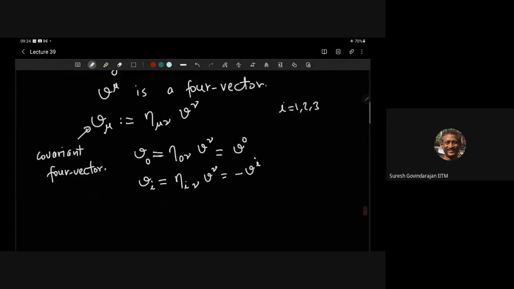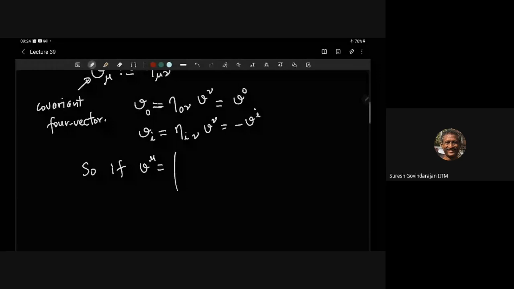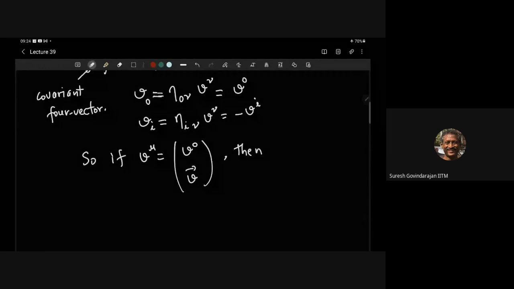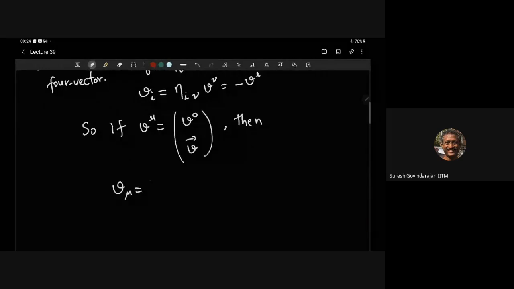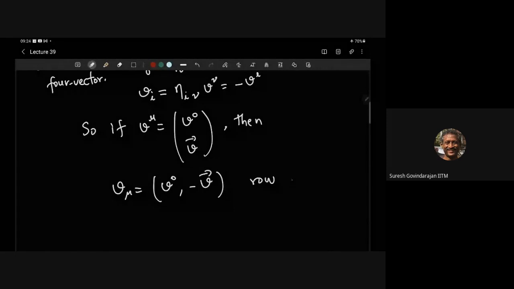So if V mu is equal to V0 and a vector, then V lower mu, it's better to think of it as a vector, this is convention, a column vector.